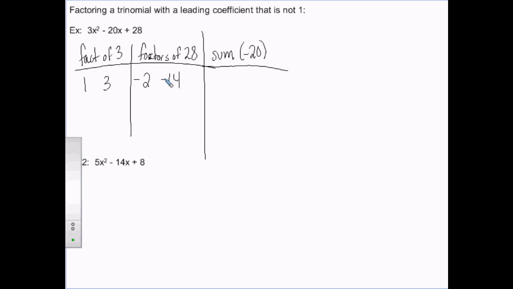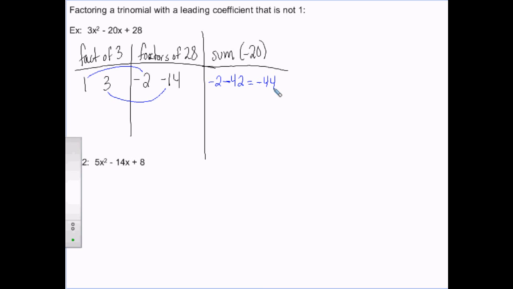Now I have to try combinations. If I do 1 times negative 2 and 3 times negative 14, I'm going to get negative 2 minus 42, which is going to give me negative 44. That's not going to work.